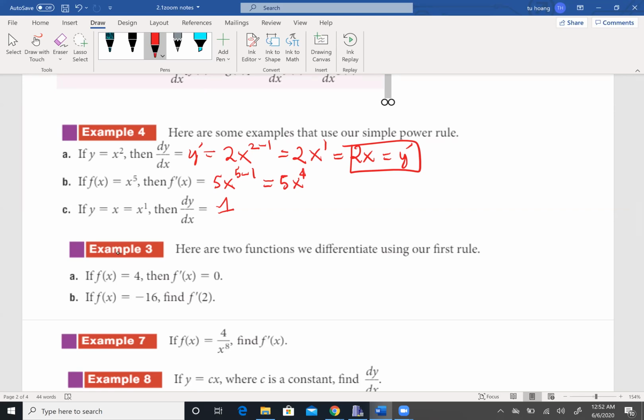For example 3, you see that for problem A, f(x) equals 4, which is a constant, and since it's a constant, right away you can say f'(x) equals 0.